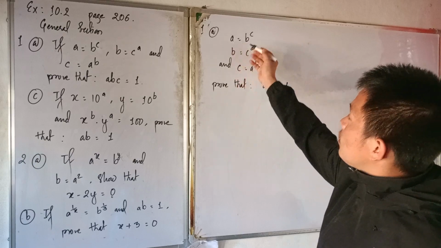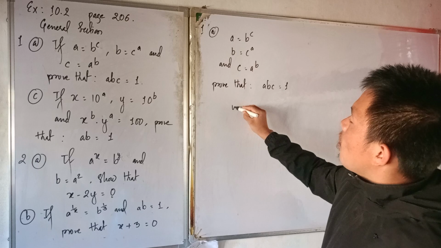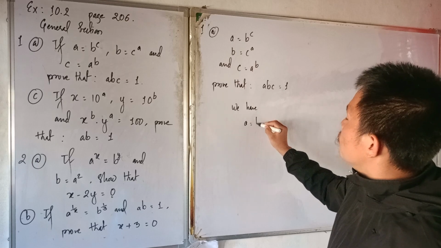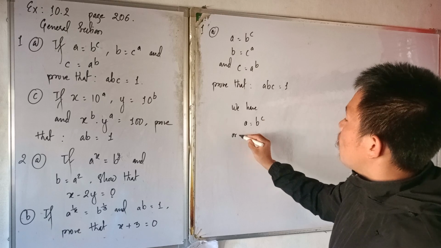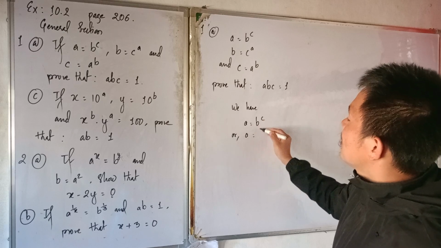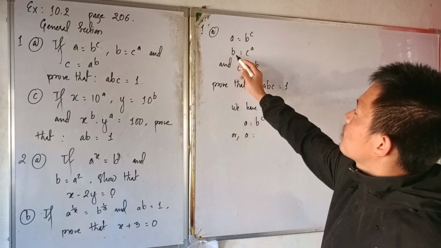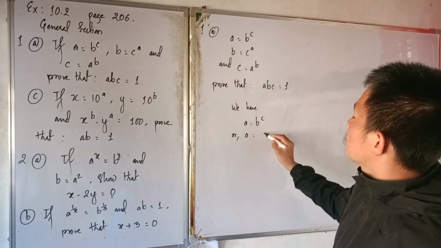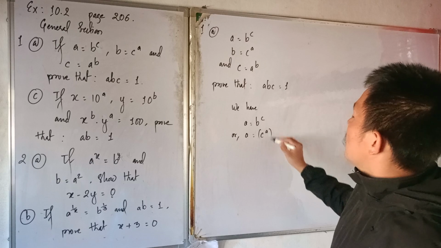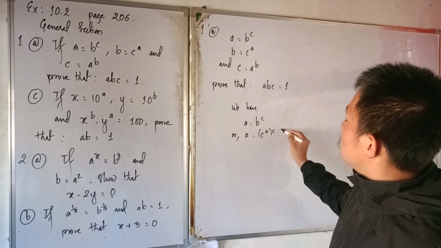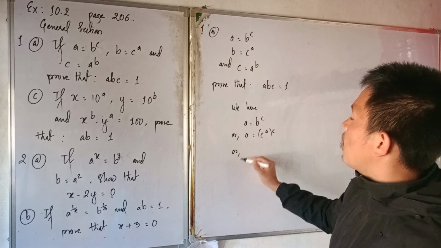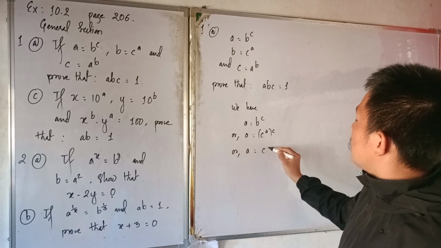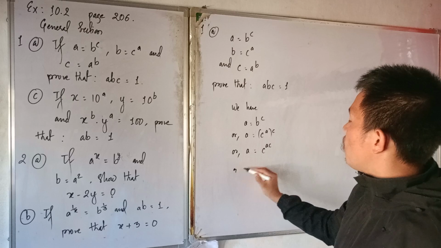Now just use the first one. We have a is equal to b power c. Write a as it is. Now replace the b by c power a, since b is equal to c power a, and the c is already there. Don't miss that power. Again, a is equal to a power c, this becomes ac.